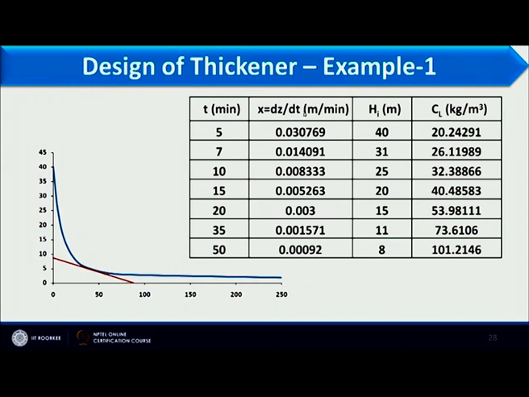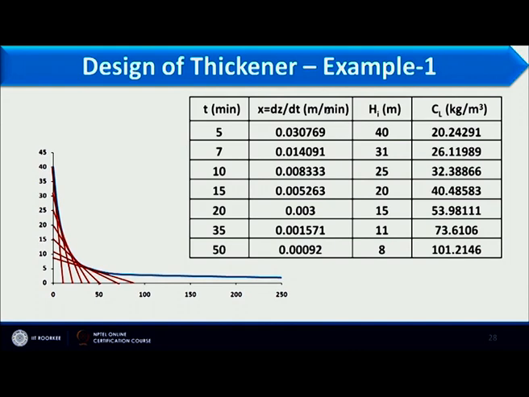Basically it should be dh by dt, so that is the correction here. So at t equal to 50, the velocity is 0.00092, hi is 8 and CL is the value we have already seen. Similarly, we have obtained the values at t equal to 35, and similarly at t equal to 20, 15, 10, 7 and 5.